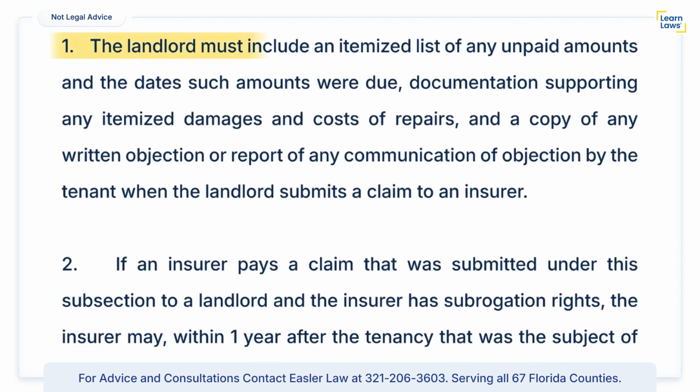The landlord must include an itemized list of any unpaid amounts and the dates such amounts were due, documentation supporting any itemized damages and costs of repairs, and a copy of any written objection or report of any communication of objection by the tenant when the landlord submits a claim to an insurer.